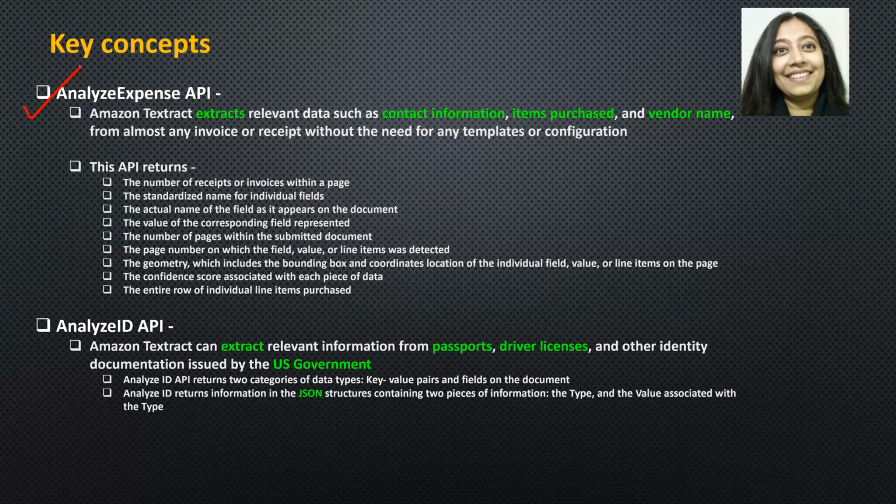In case you have a lot of items, like invoices or receipts, that need to be scanned and analyzed and you need to extract information from them, that's where you can use this particular API. It can help you extract contact information, items purchased, vendor name, from almost any invoice or receipt without the need of any template or configuration. So if you have different invoices or receipts, you can certainly leverage this particular API.